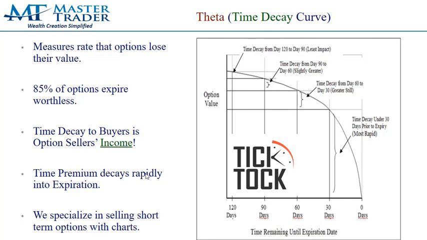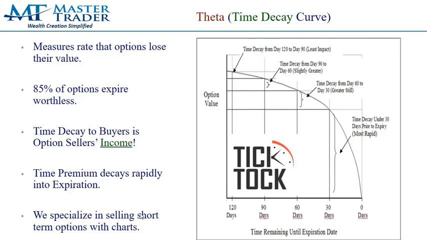Time premium decays rapidly into expiration. So if you can see here, this is 120 days, 90, all the way to 0. This theta, or time decay, as it approaches expiration, and particularly in the last 30 days, you have the most rapid time decay.